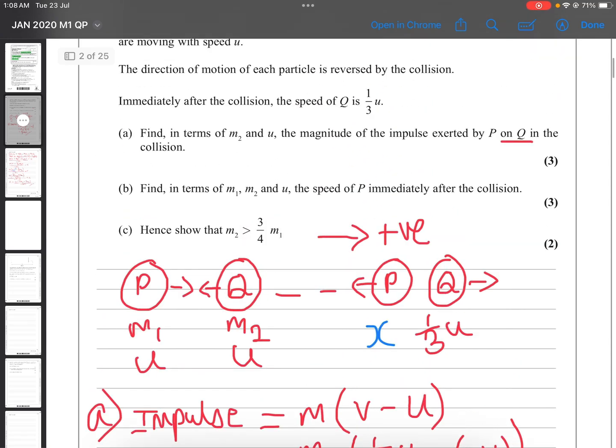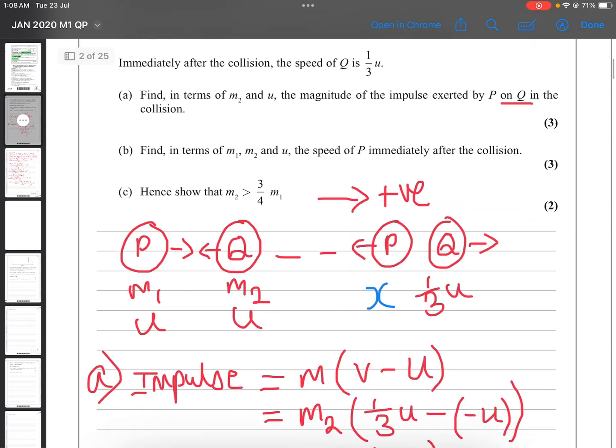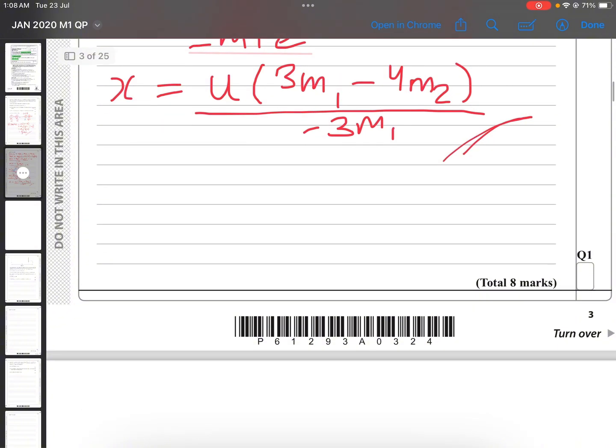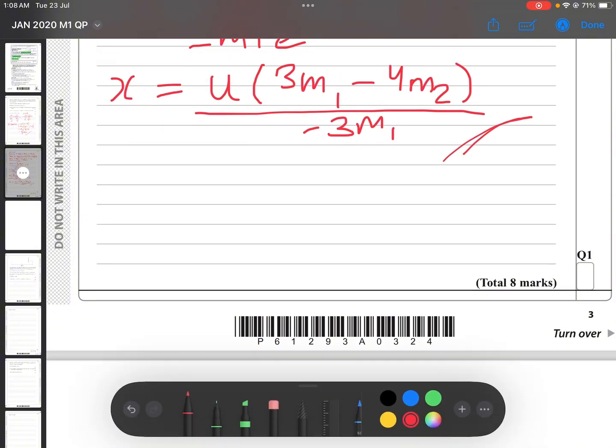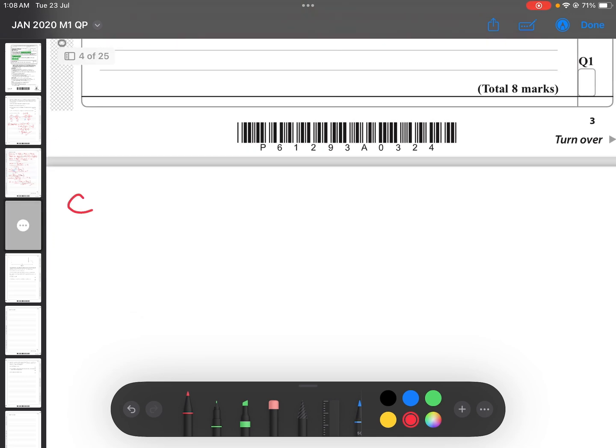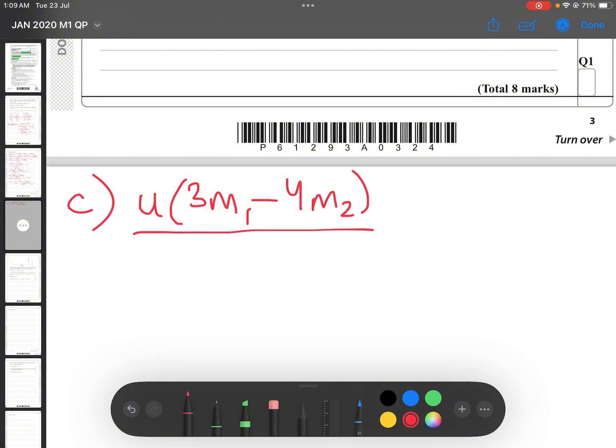Part C says, hence show that m2 is greater than 3/4 m1. So we are going to use the answer from part B itself for part C. So part C is going to be u(3m1 minus 4m2) whole thing over minus 3m1, right?